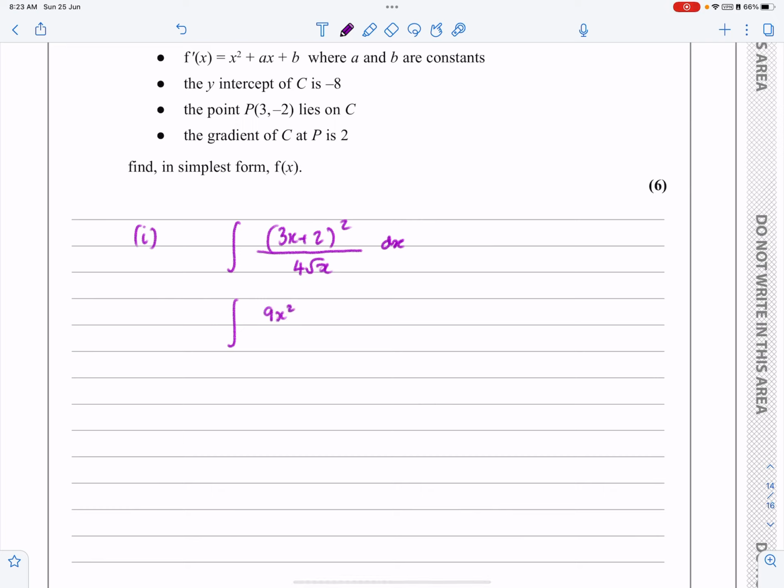There will be some students in here that can do what I can do, which is to say, if I'm doing (a + b) all squared, it's a squared, 2ab and b squared.